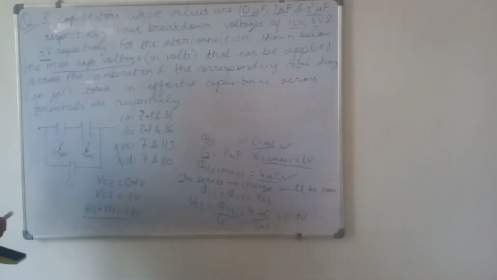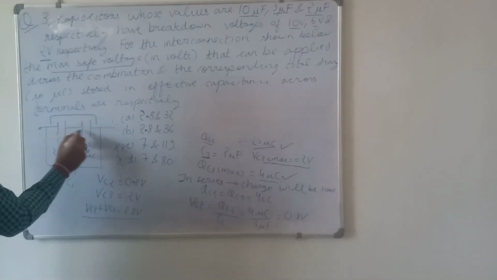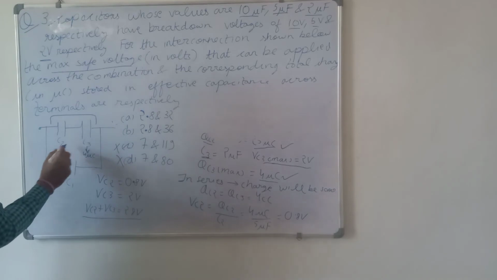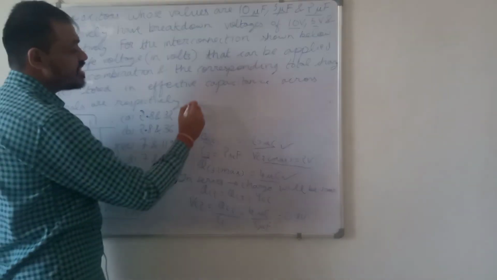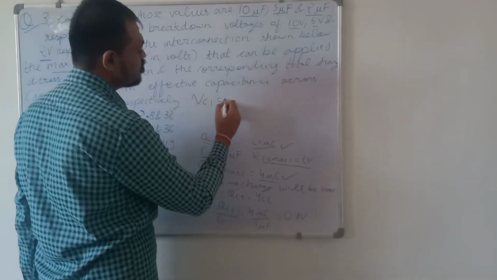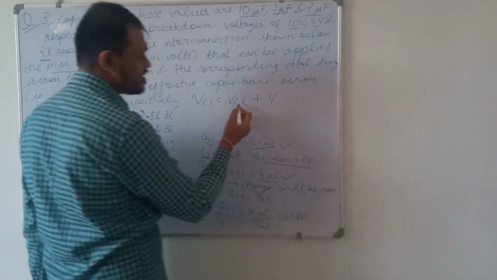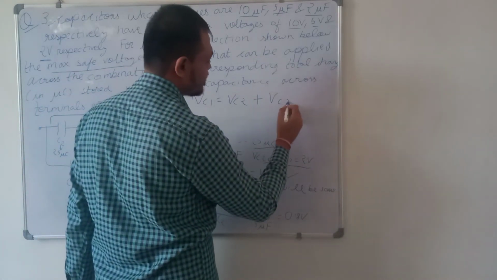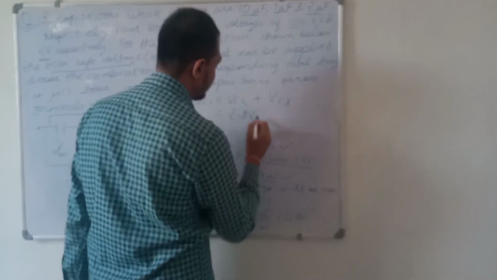This 2.8 volt is the total voltage across these two capacitances. In parallel the voltages are the same. So VC1 will be equal to VC2 plus VC3, the voltage of capacitor C2 plus the voltage of capacitor C3. So VC1 will also be equal to 2.8 volt.